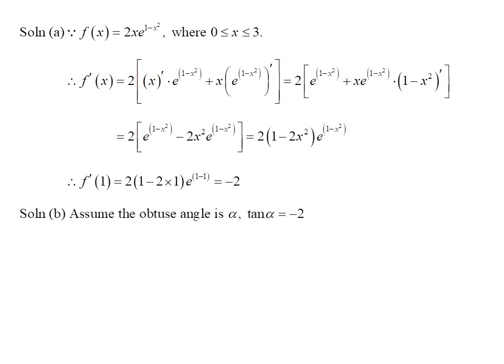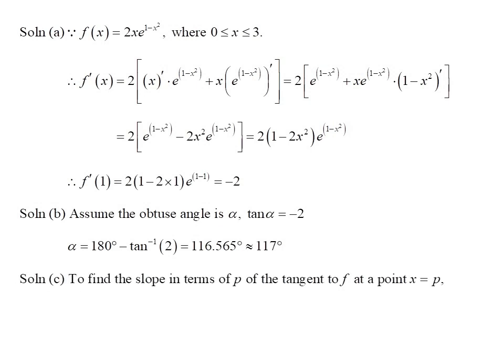As for part B, we assume the obtuse angle is alpha. So tangent alpha equals negative 2, which gives alpha equals 180 degrees minus arctangent of 2, which is approximately 117 degrees.